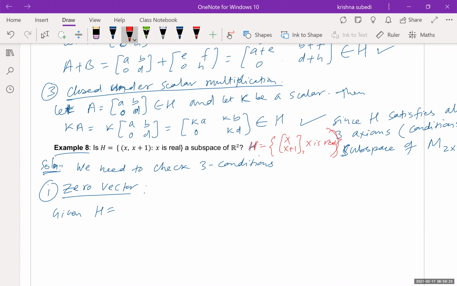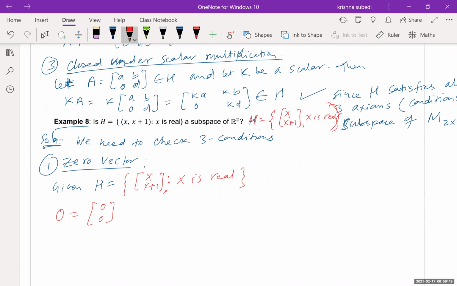Now, zero can be written as (0, 0). Can you get (0, 0) from this one? Is that possible? That's my question.